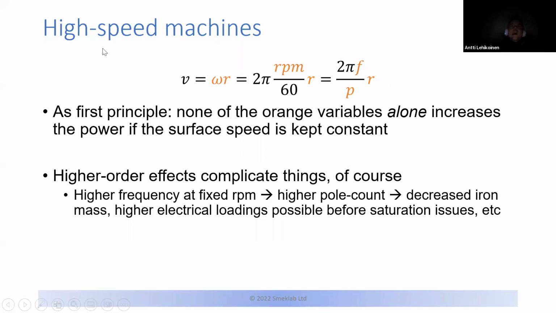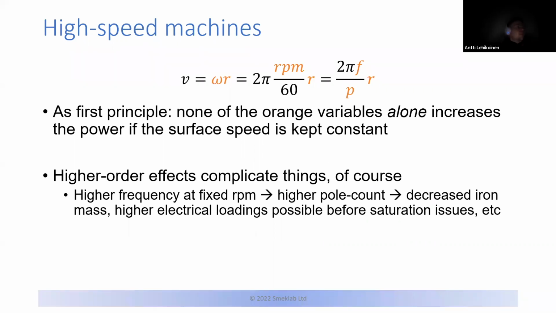Basically all and each of those numbers or parameters get thrown around a lot when folks are speaking about high-speed machines. But it's important to remember that as a first-order approximation, none of them increases the power of the machine without increasing the surface speed.